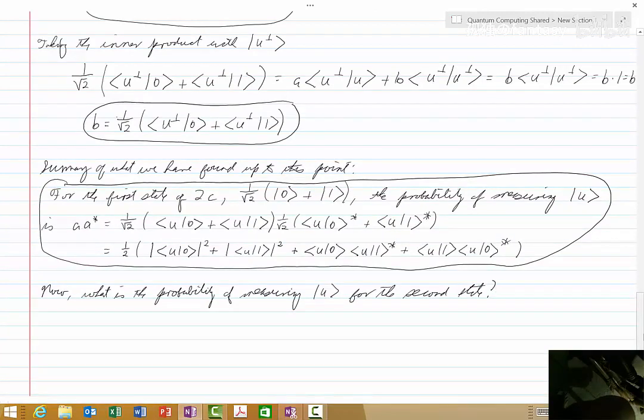So recall that our second state is equal to 1 over square root of 2 times the negative of the 0 ket plus i times the 1 ket. And we want to express this in terms of our basis, U and U orthogonal.